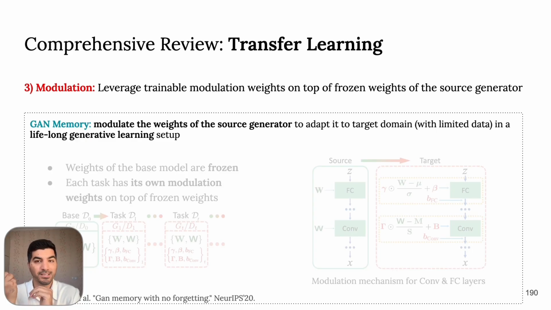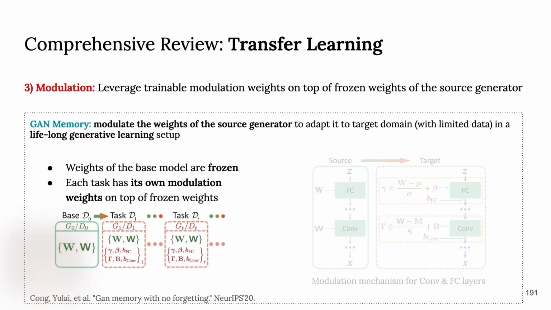When you are learning the second task, you are using the data from the second task and you don't have access to data from the first task. And the goal is to learn the second task without forgetting the first task. If the tasks never stop, we call this lifelong generative learning. And GAN Memory tries to address lifelong generative learning, meaning that the tasks now are image generation tasks.